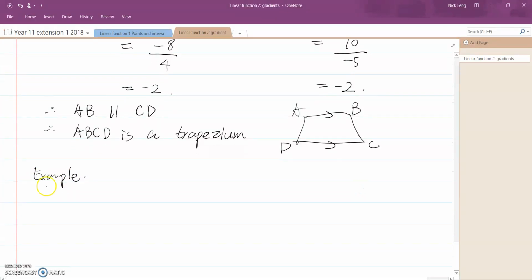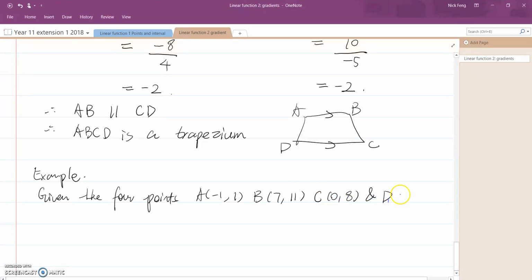Okay, so given the 4 points, A, B, C, and D. Well, not quite given because D has an unknown in there. Let's find A, the value of A, which is the x coordinate of D.